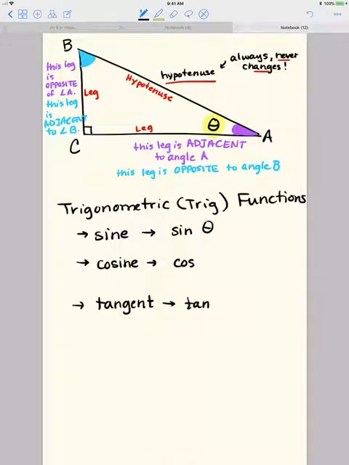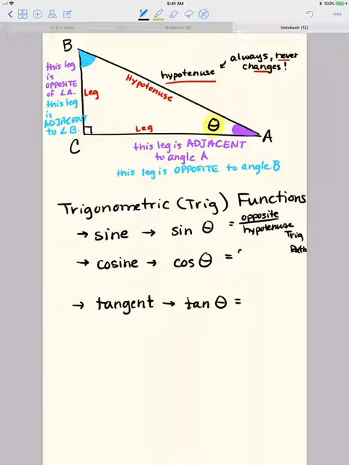So if you're looking at the sine, cosine, or tangent of a given angle, then what you end up having are these trig ratios. The sine ratio takes the length of the opposite leg and divides it by the length of the hypotenuse.